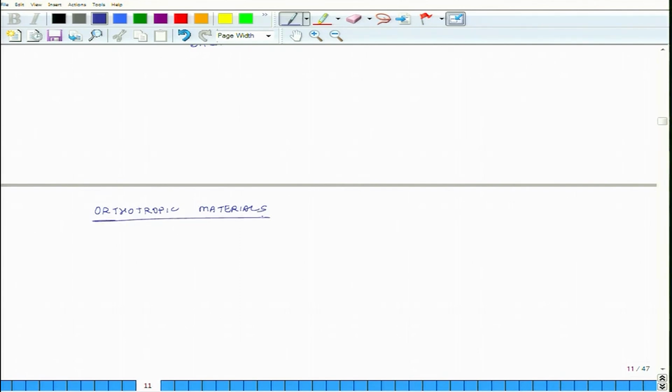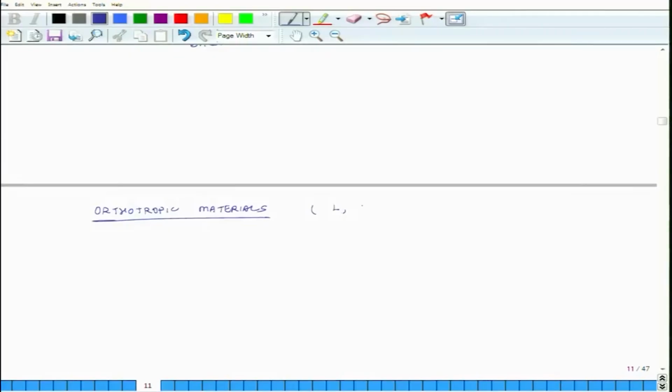Orthotropic materials. And when we say orthotropic materials, what does it mean? We had discussed this earlier, that they have 3 different material axes. So what are those material axes? L, T and T prime. In general, we will consider 2 special situations here.